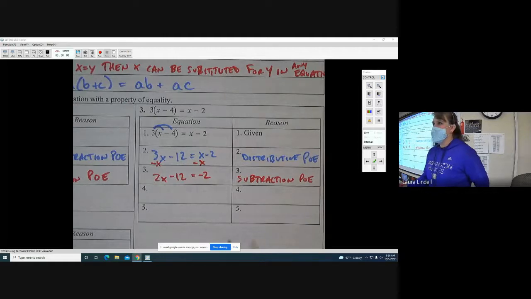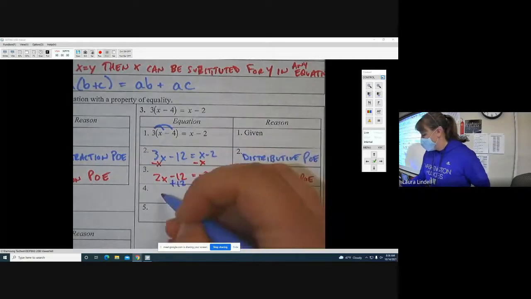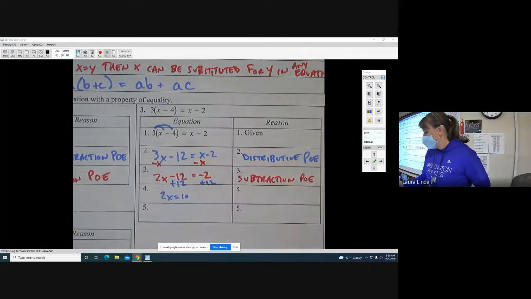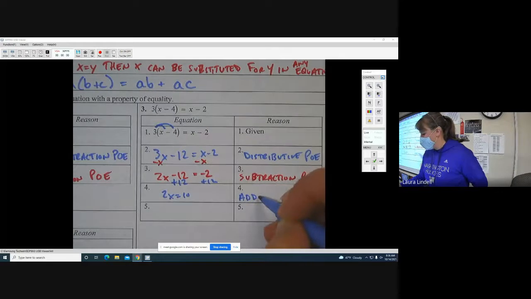Then what do I do? Olivia? Exactly. Add 12. So we get 2x equals 10. And that was the addition property because we added 12 to both sides.